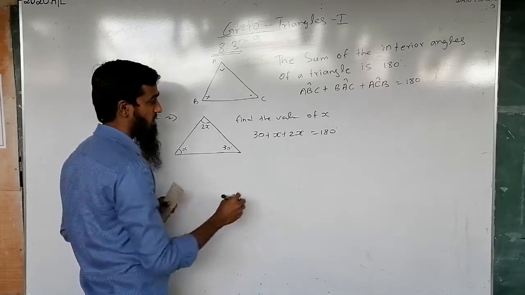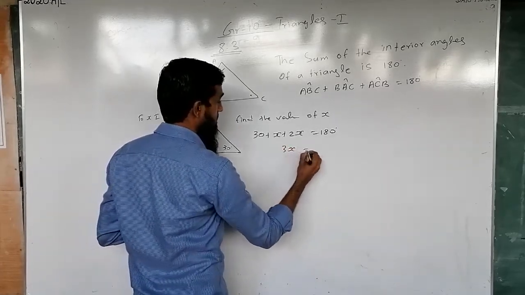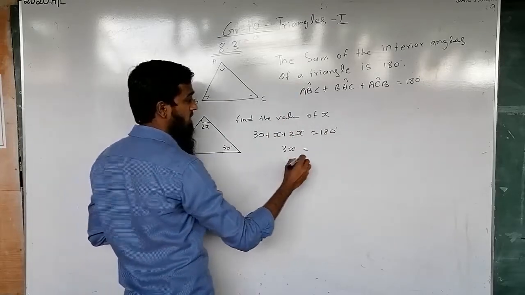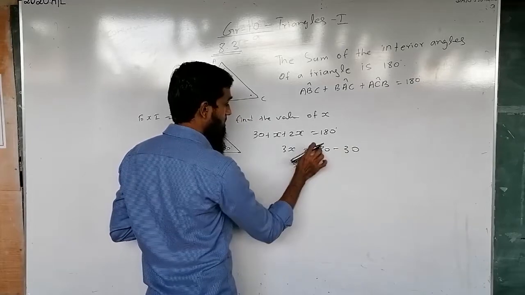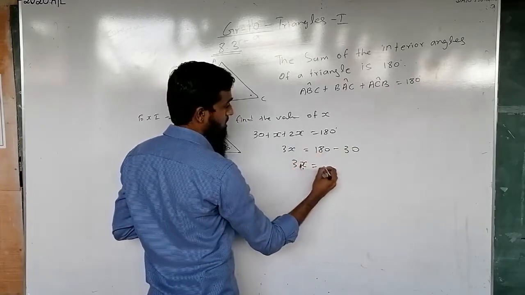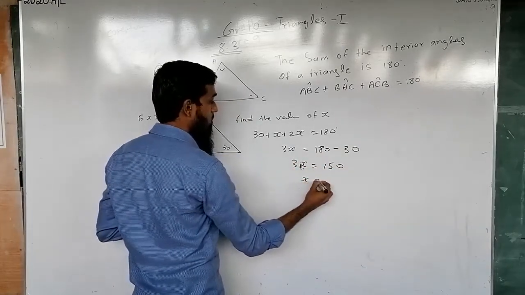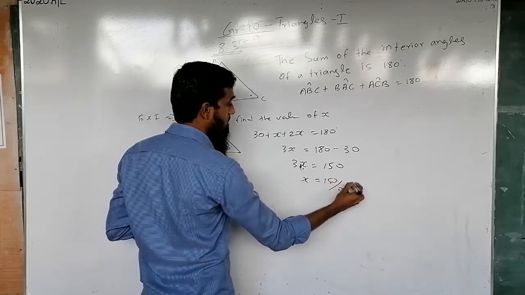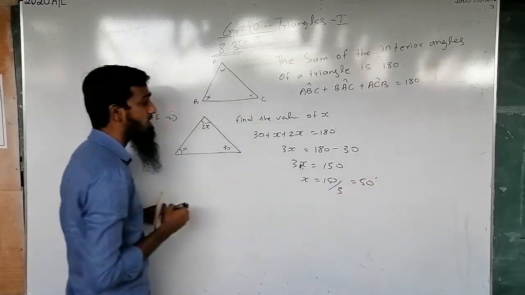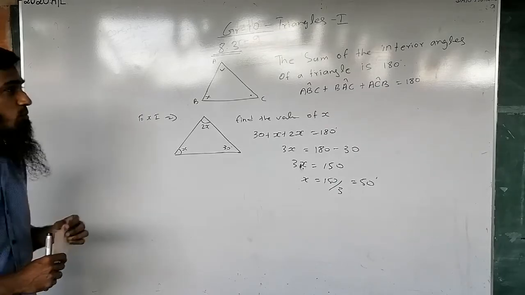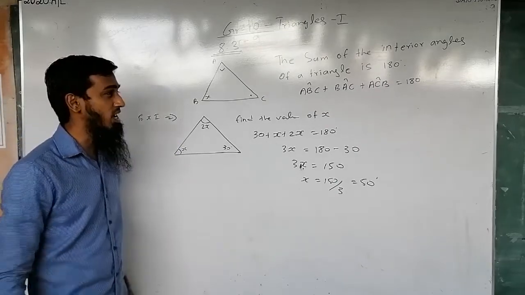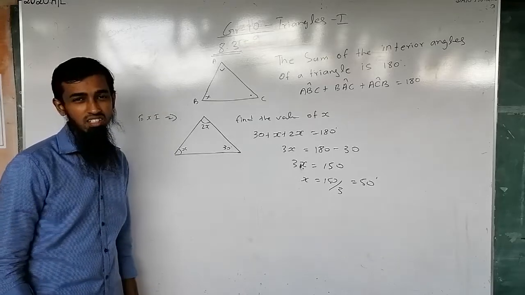We have to simplify it. So 3x, we'll move the 30 to the other side of the equation, 180 minus 30. So 3x equals 150. So x equals 150 divided by 3, that is 50. So likewise we are using the theorem, the interior sum of a triangle is 180.